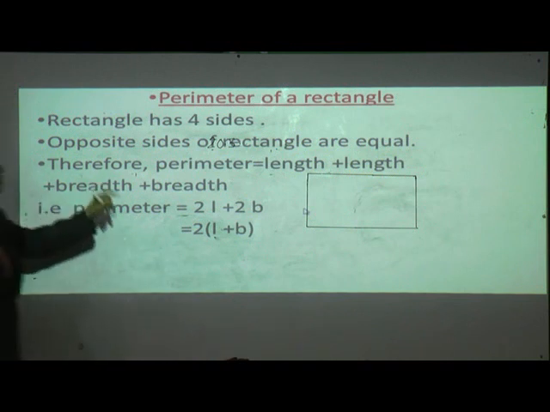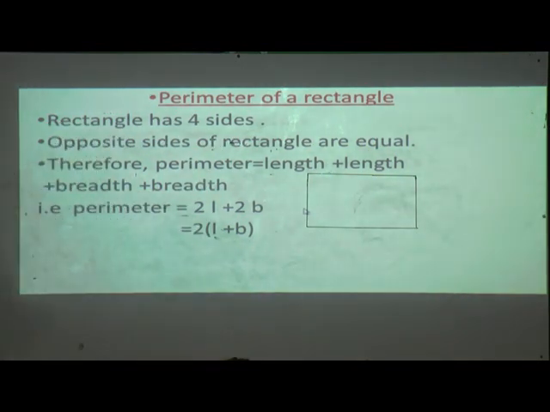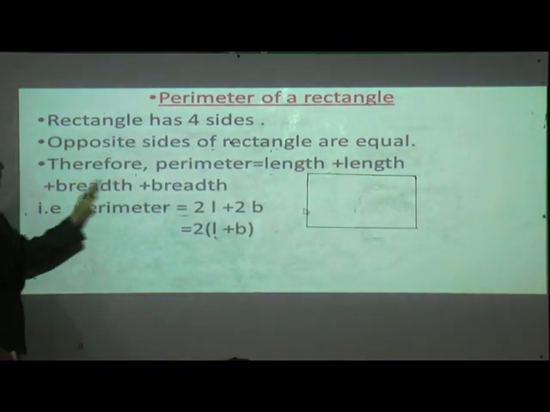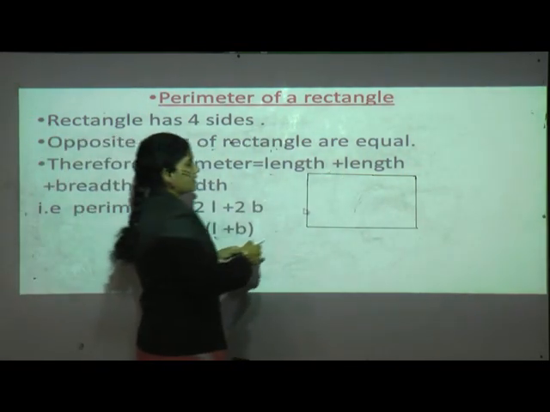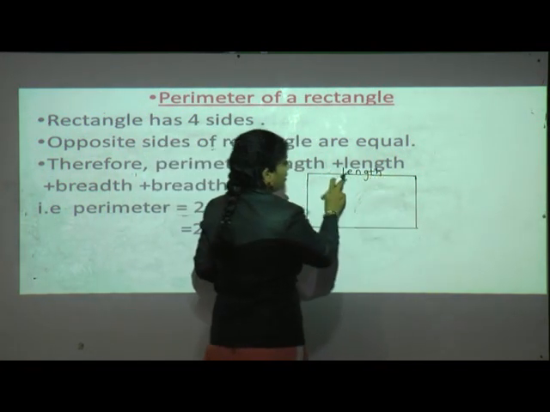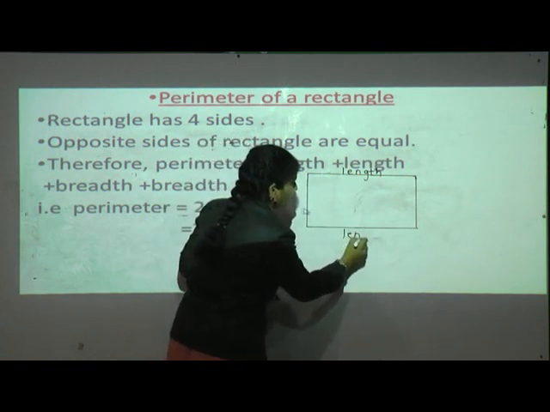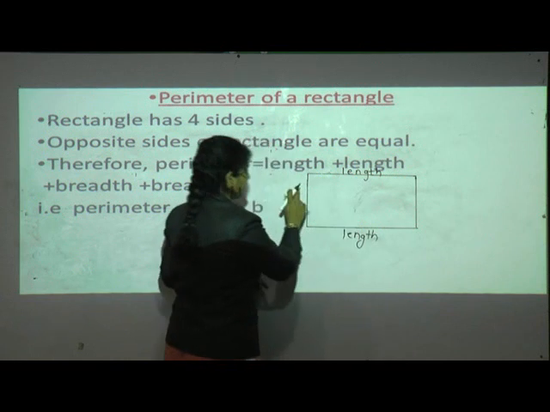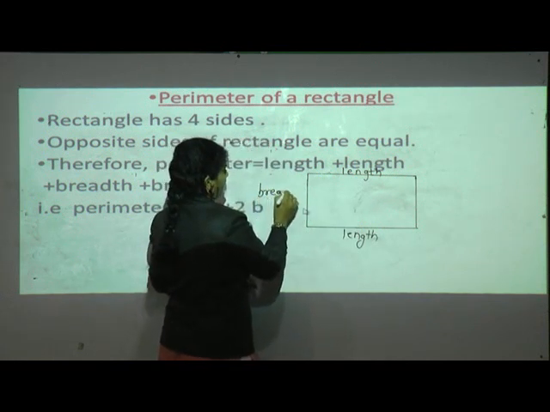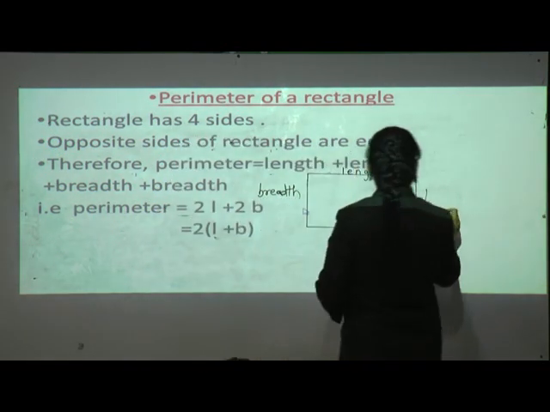So therefore perimeter of a rectangle is equal to length plus length plus breadth plus breadth. That means here it is the length of a rectangle. Opposite sides are the same, so that's why here also length, and this one is a breadth. Here also breadth.